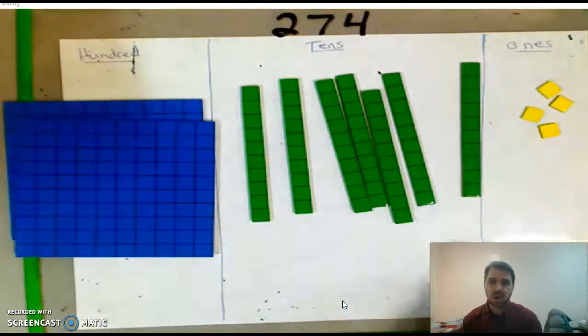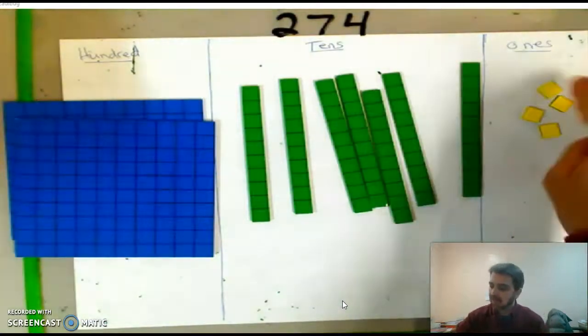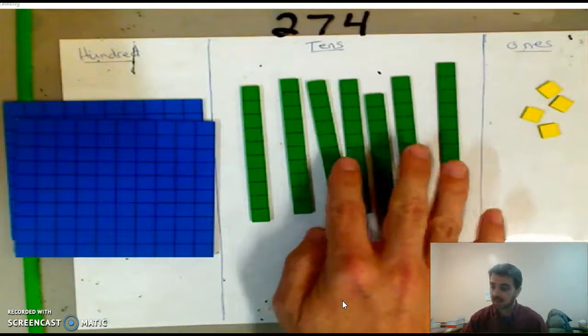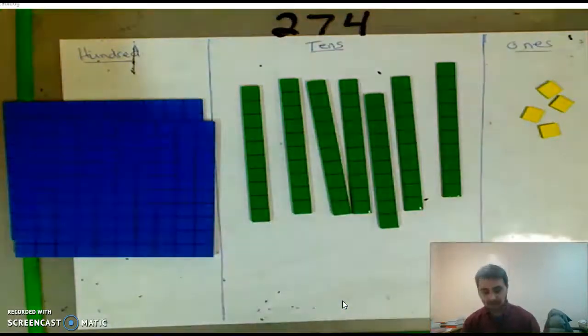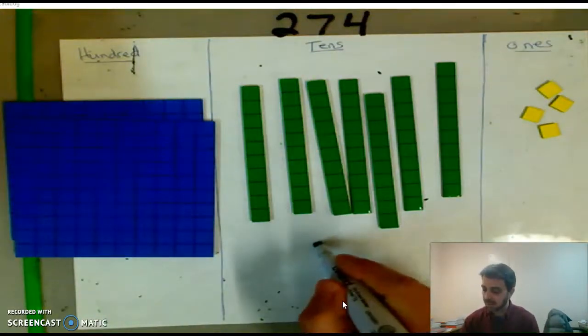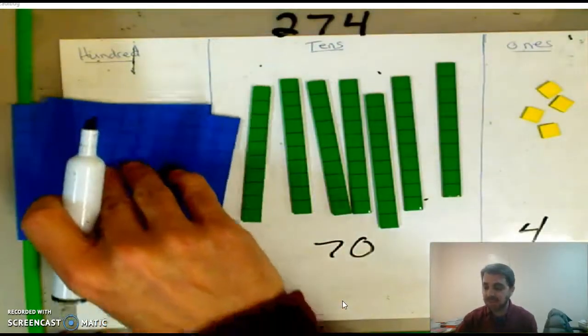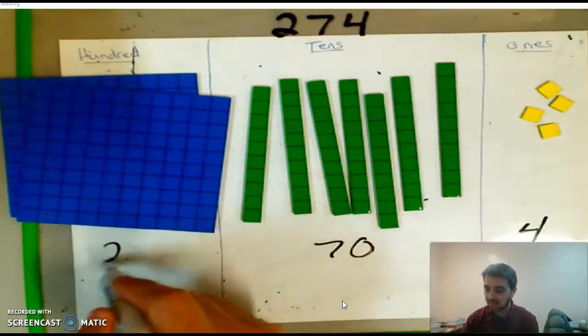So if this was Bob's candy business, we have 4 pieces of candy. We have 7 bags of candy, which is 70. So this is 70. This is just 4. And here we have 2 big platters of candy. So that would be 200.